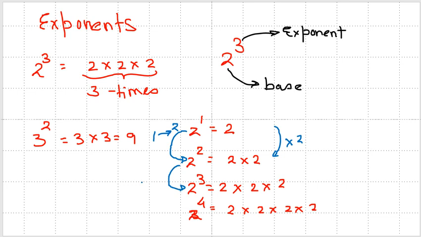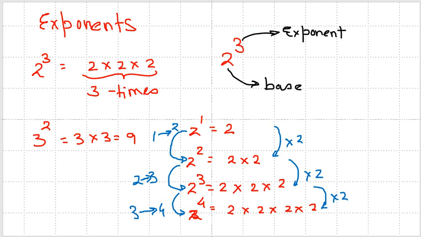Likewise, if I change the exponent from 2 to 3, I once again multiplied by 2. And finally, when I change the exponent from 3 to 4, I once again multiply this thing by 2. Correct?